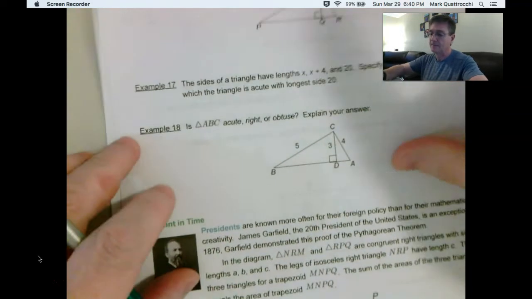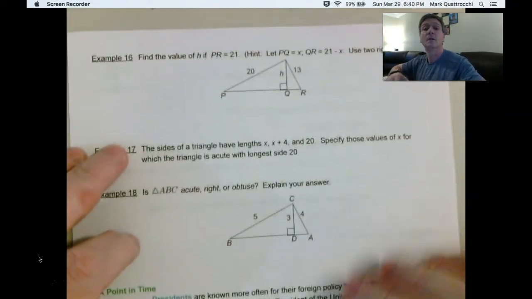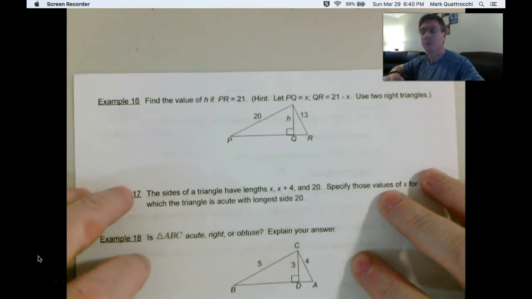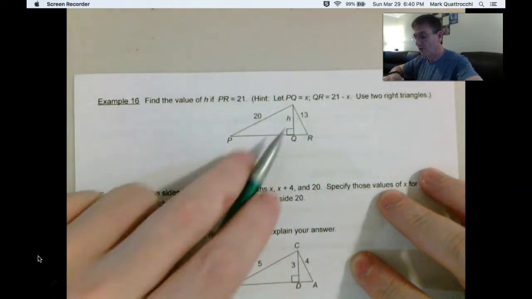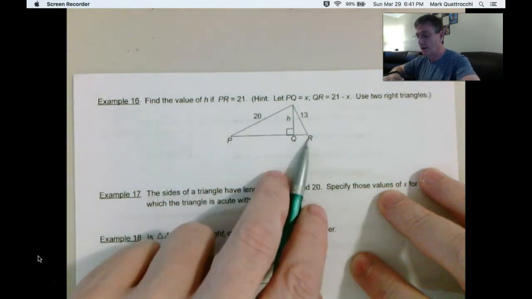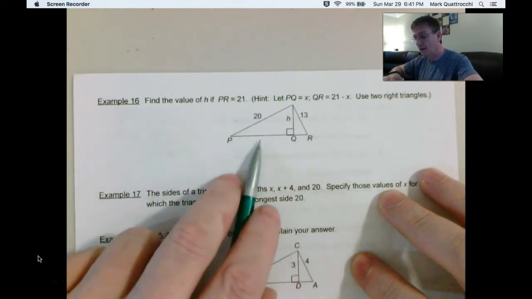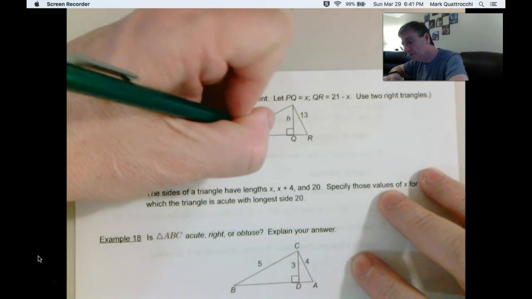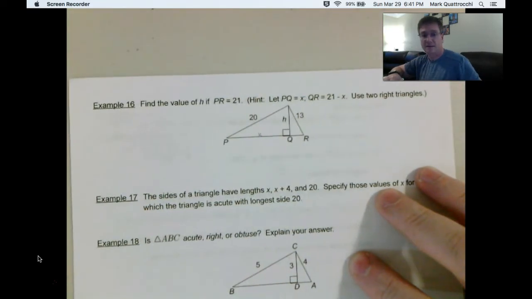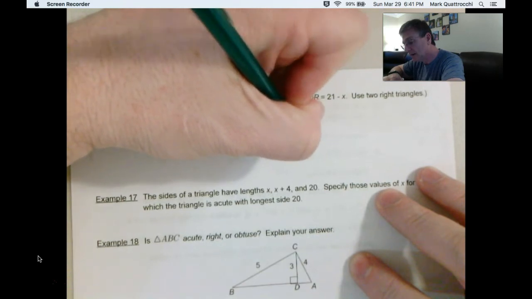16. Challenging problem. Find the value of h. PR is 21 units. So if PR is 21, QP, we're told as a hint, is x, and QR is going to be 21 minus x.